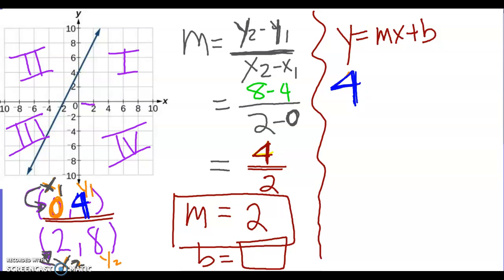Now, if we go back, what was my slope? What was m? Tau, can you tell me what m was? M was 2. Now, what is the x value from the point that I was looking at earlier? Kennedy, what's the x value?